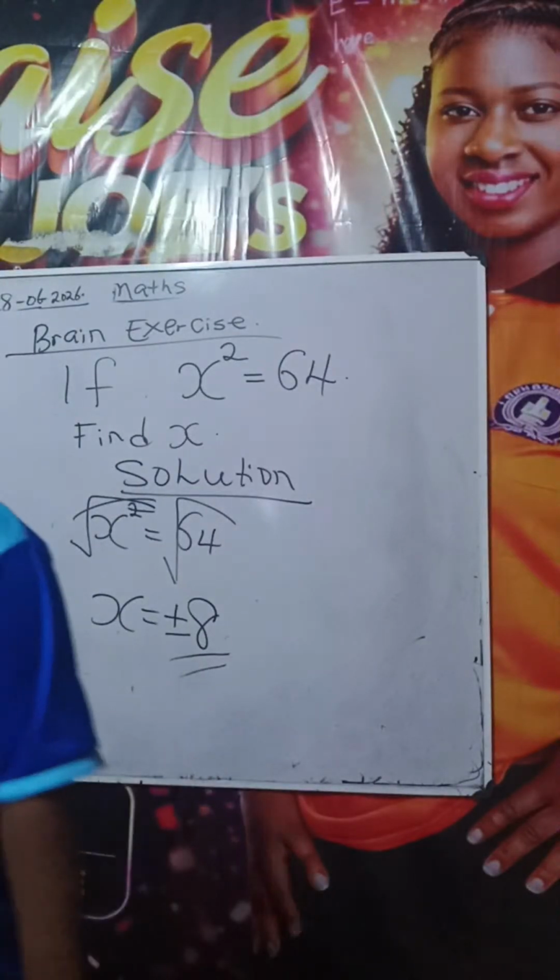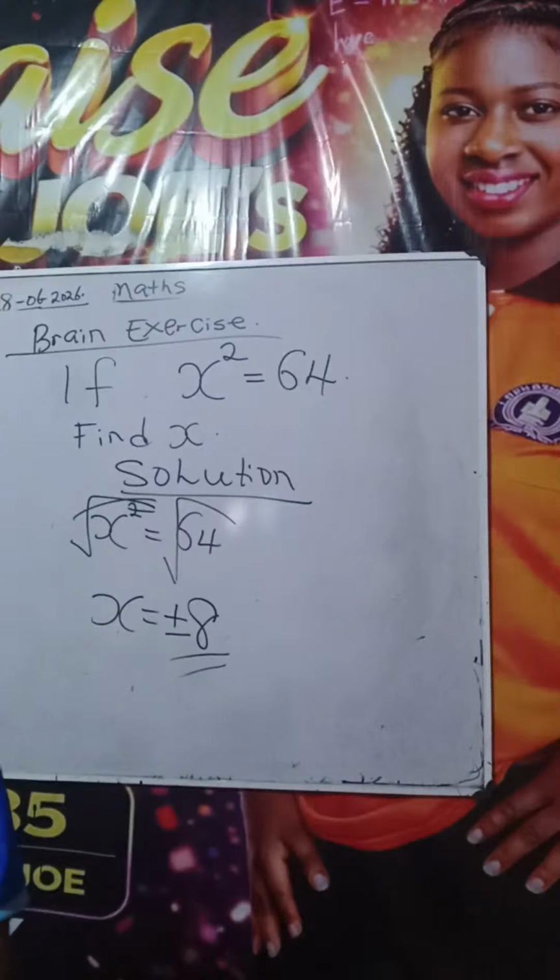Yes, plus or minus. It must be positive or negative. If it's not there, it's not complete. You now do plus or minus the square root of 64. Like you know that 64 is written as 8 times 8.